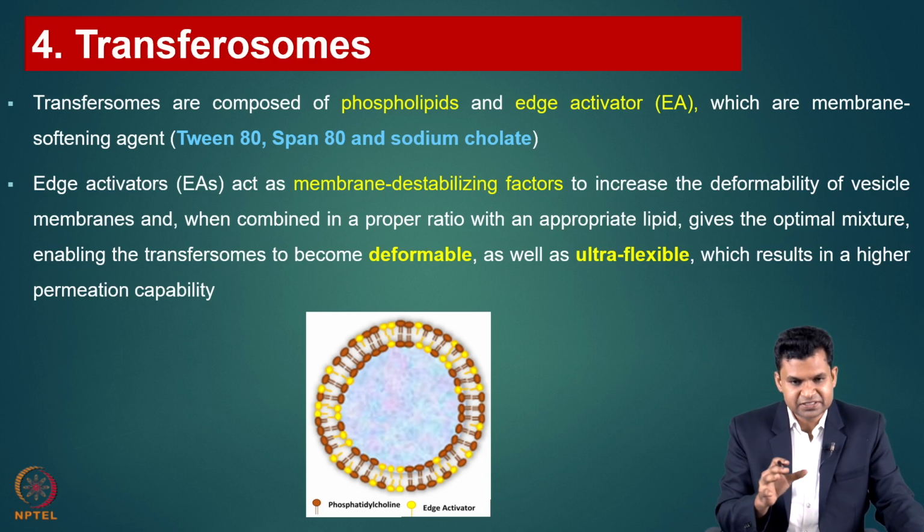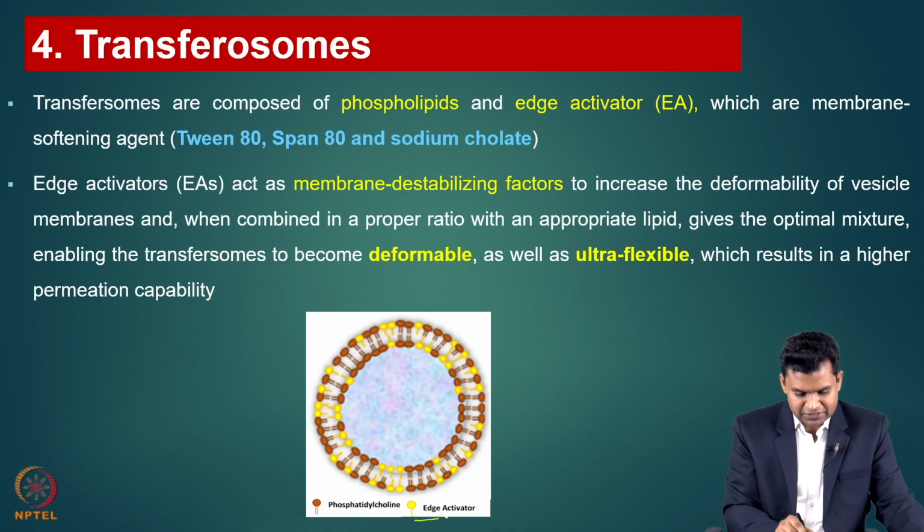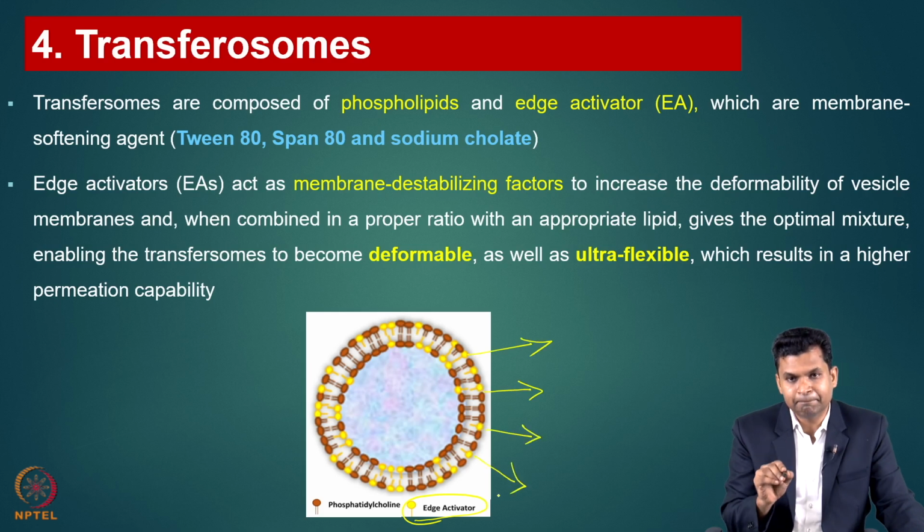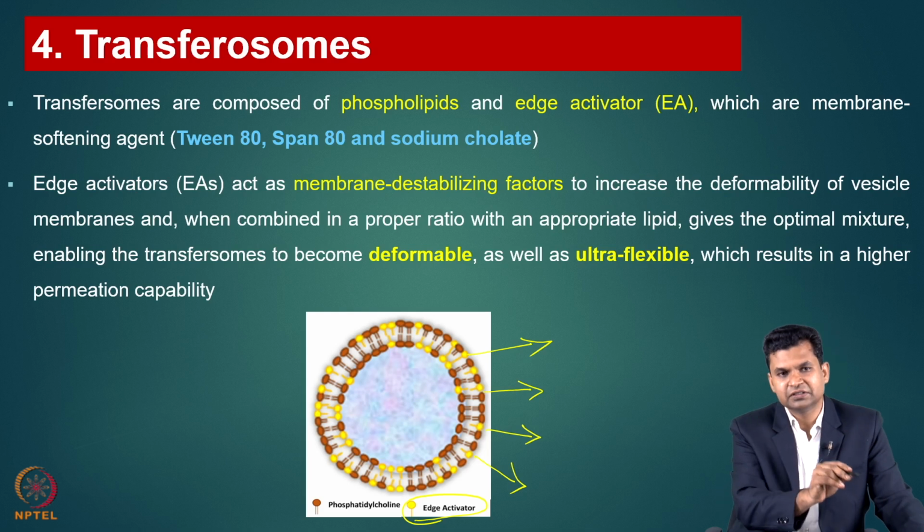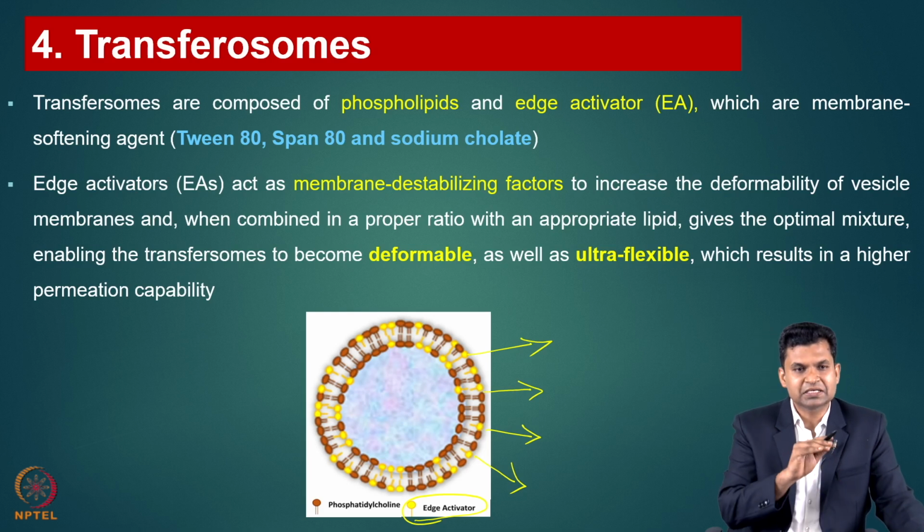By seeing the structure, it looks similar to the liposomes, but here you can see the edge activators, represented in yellow color, which provide an additional function when compared with the liposomes.